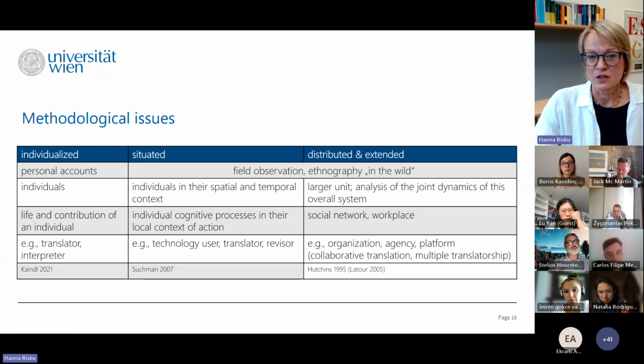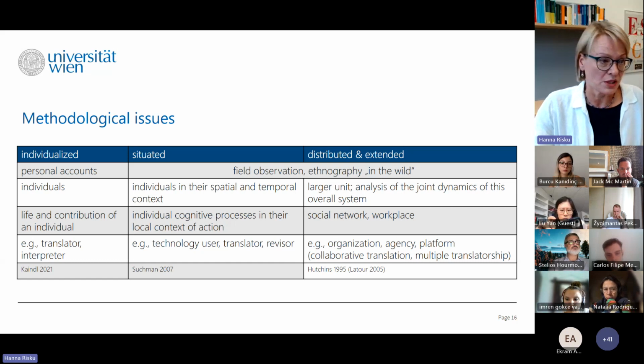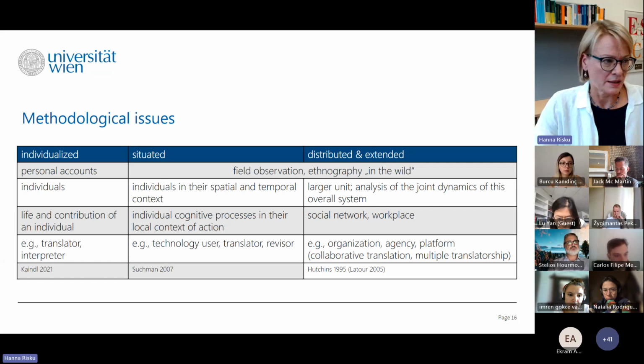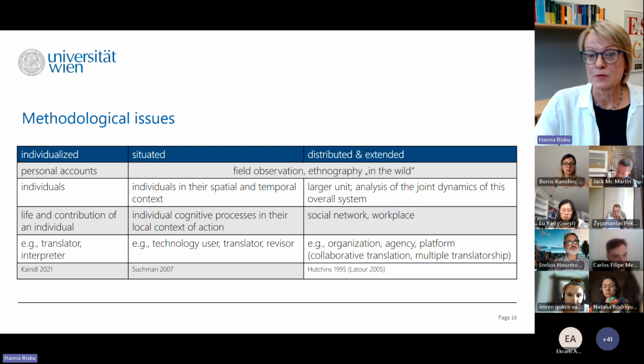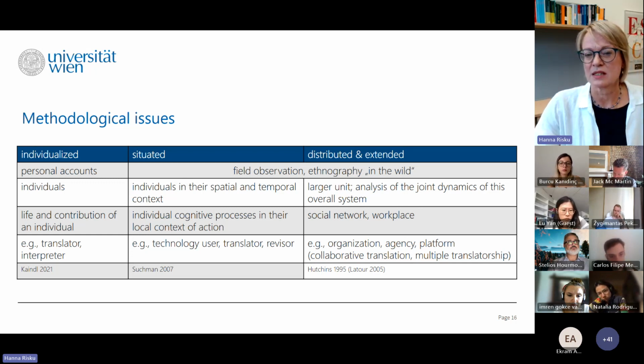When you take this as a foundation for concrete research projects, many key decisions will need to be made regarding the methodology and research design. Situated and distributed or extended approaches emphasize the relevance of methodological research designs that study the activity in the wild, as Hutchins puts it.